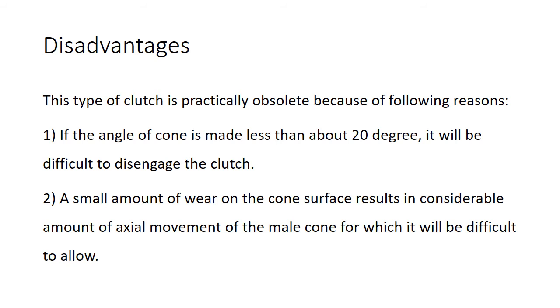Second, a smaller amount of wear on the cone surfaces results in a considerable amount of axial movement of the male cone, which is difficult to allow. It means that if wear comes on the lining surfaces, we can replace the lining with a new lining.